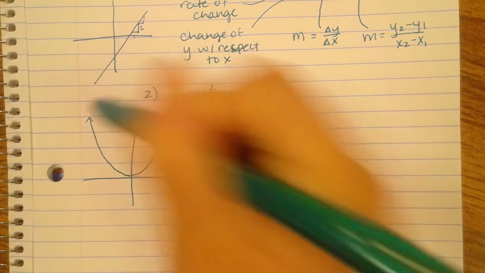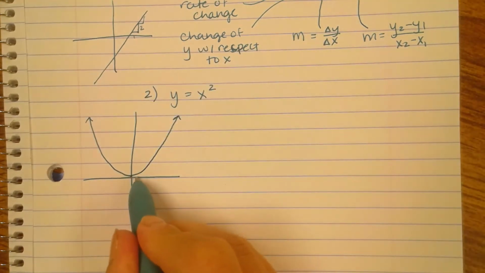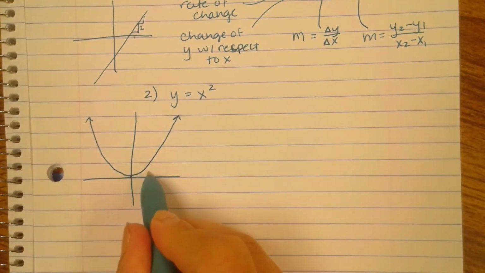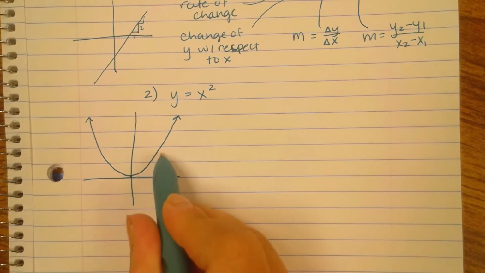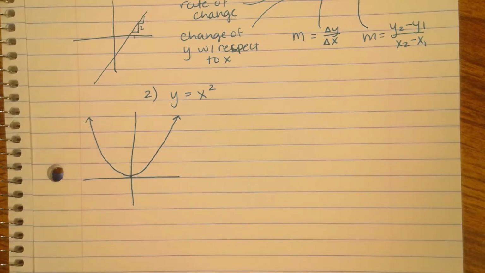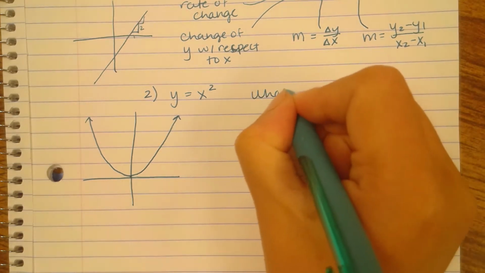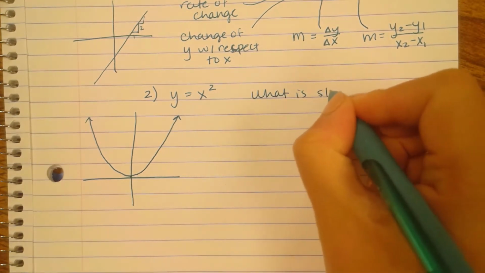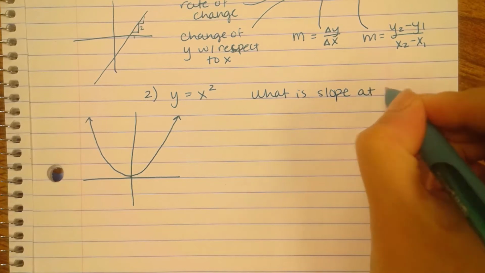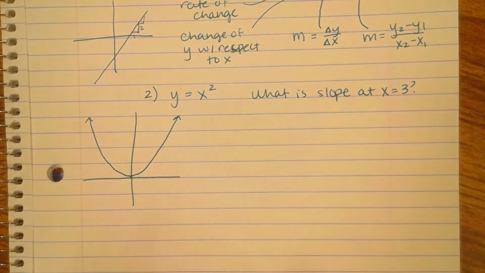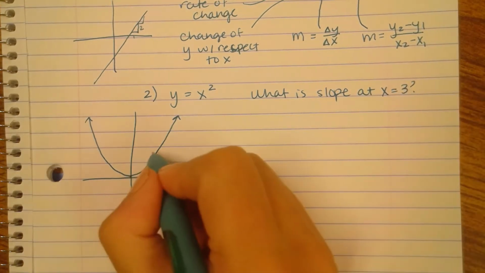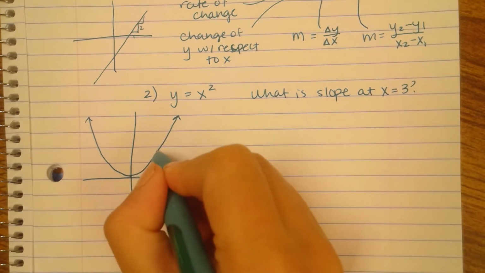If I go over 1 unit change in x, that y value is shifting by a different amount every time. And so that's what makes it not a constant rate of change. So if I ask you what the slope is, we can't really answer that question, but I should be able to ask the question, what's the slope at a given point? Because we can all agree that at the point, say, x equals 3, this is going to be an exaggerated graph.